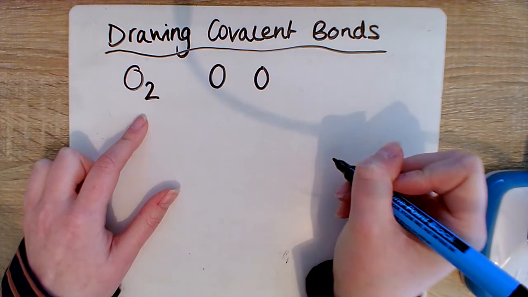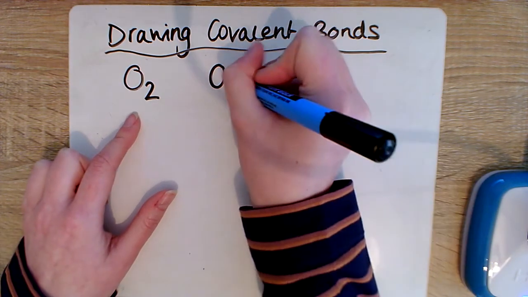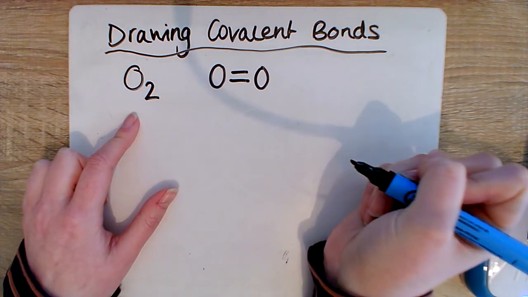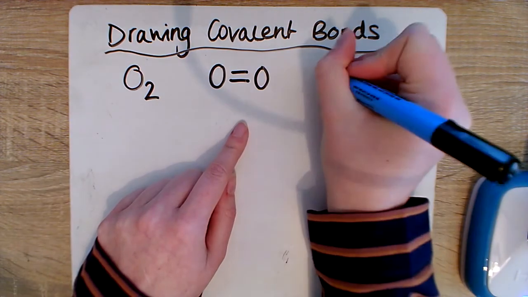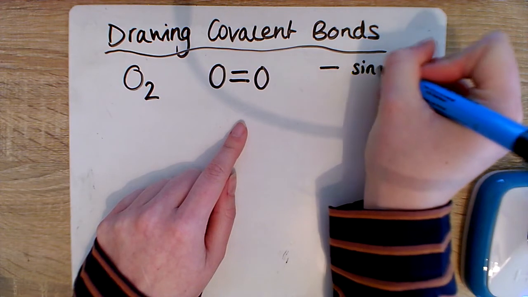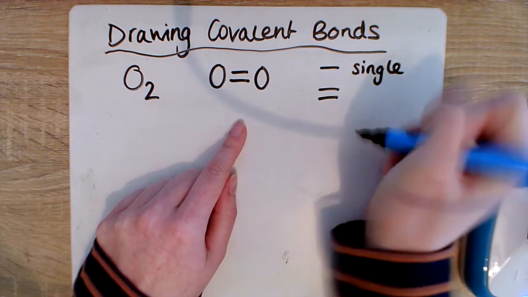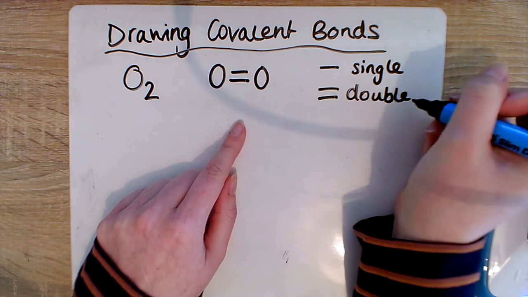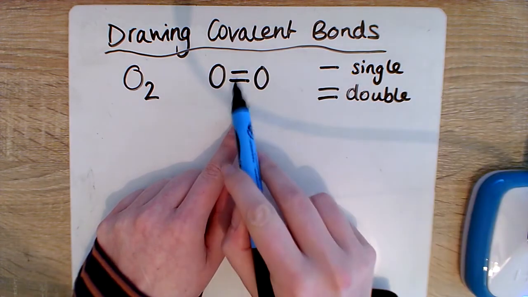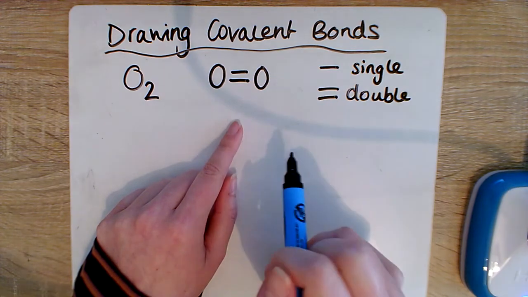It must be that those 2 covalent bonds are between both of the oxygen atoms. A single line was a single bond. Now we've got 2 joining the oxygens. This is an example of a double bond, because I've got 2 covalent bonds joining a pair of atoms.